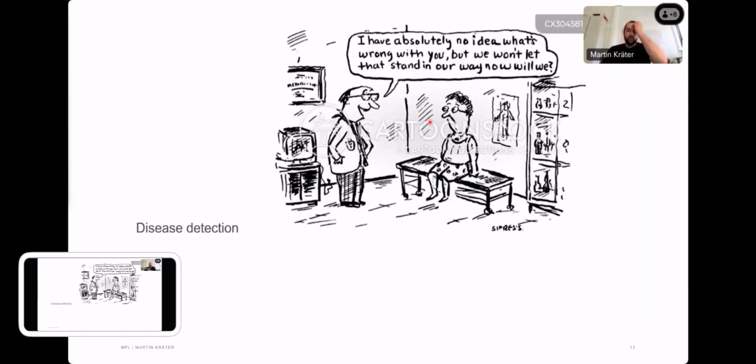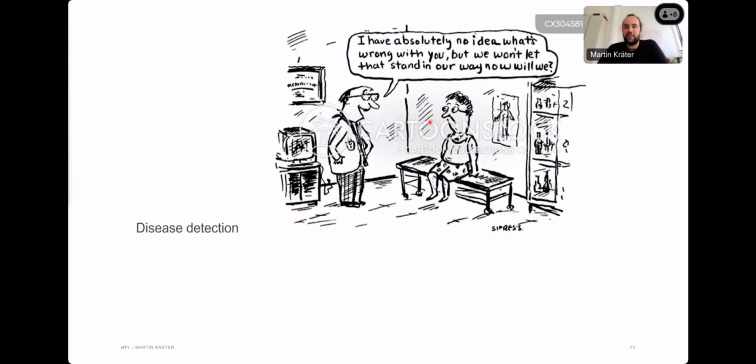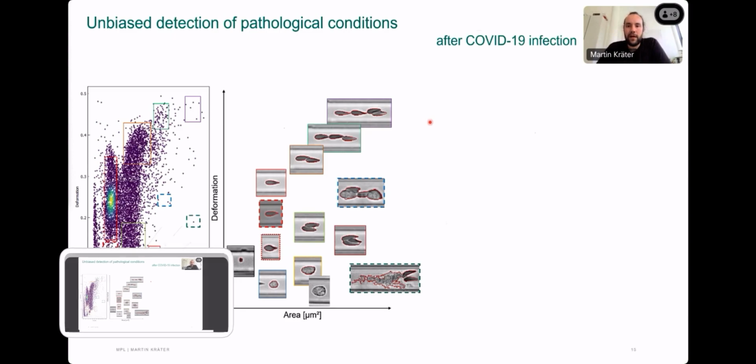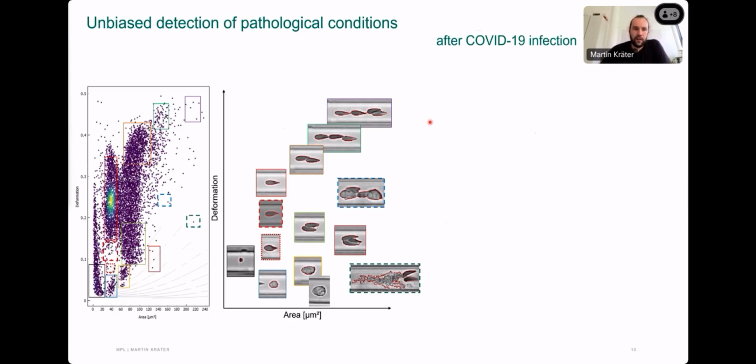So assume we have now basic manual analysis. Can we detect disease with that? I want to introduce you to our very unbiased measurement of blood. Why is it unbiased? Well, our machine is just taking images at high frame rates, right?